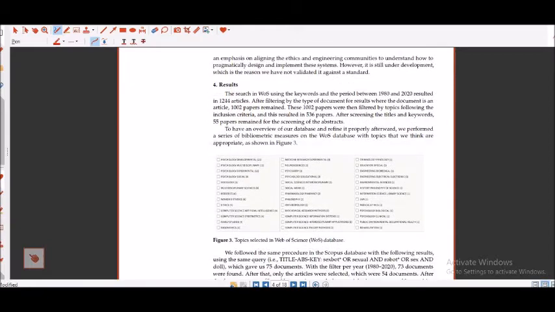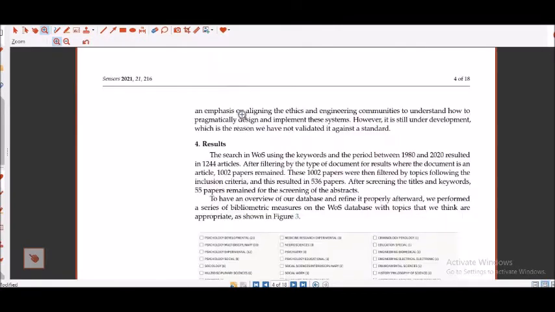What is interesting for me is the way the authors have used these databases, and you will look into it. Results: the search in WOS using the keywords and the period between 1980 to 2020 resulted in 1244 articles, after filtering by type.